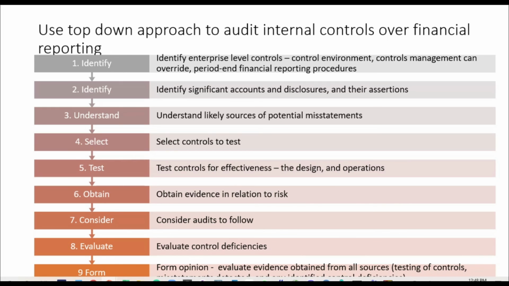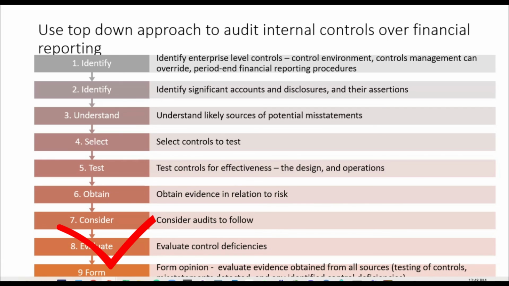Fifth is to test controls for effectiveness of design and operations. Sixth is to obtain evidence in relation to risks that are encountered. Seventh is to consider audits that would follow in the future. Eighth is to evaluate control deficiencies.